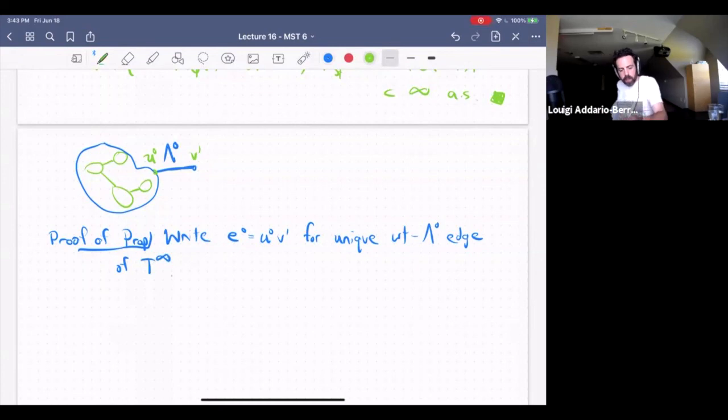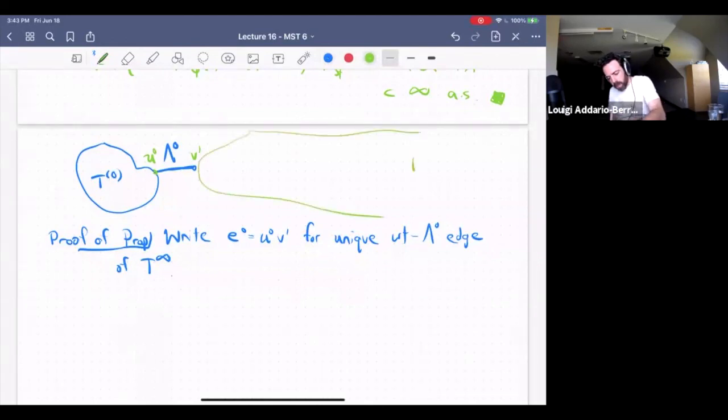I'll call this first bubble over here, whose internal structure I now want to ignore, T0. That was just for the sake of proving that the bubble existed. And I'll call everything to the right, temporarily, T infinity 1.